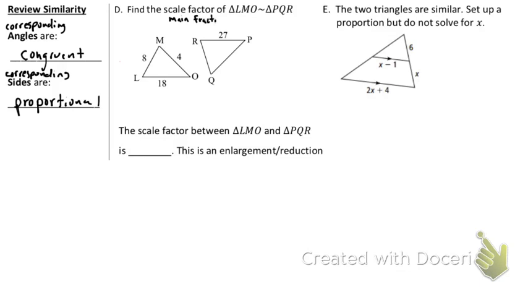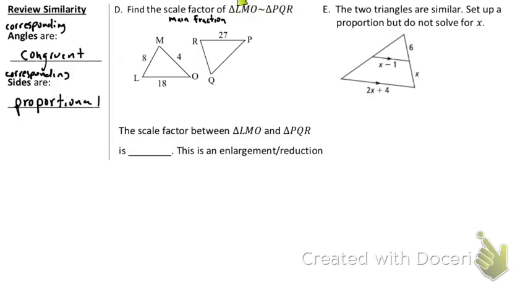Fraction and ratio mean the same thing. So what we're going to do to find the scale factor is we're going to match sides that can actually create a fraction without any variables. So let's see what fractions we can create with matching sides. So right now it might be hard to see which sides match with each other, but I'm going to use the statement up here to figure it out. So let's start with LM.